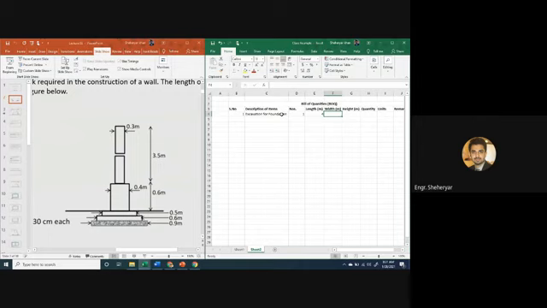How? Not 50, 30. 40 or 30? 30, yeah. Okay. Can you explain how it will be? I think it is mentioned in the problem. Now you have to estimate. You have to calculate.